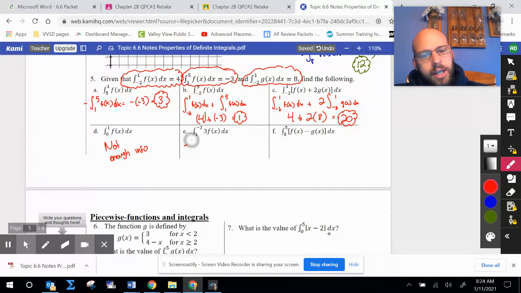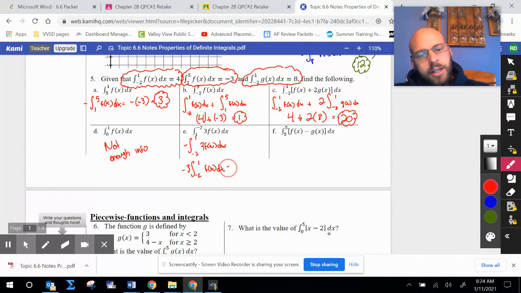So I'm going to say negative times the integral from negative 2 to 1 of 3 f of x dx, which would be a negative 3 times the integral from negative 2 to 1 of f of x dx, which would give me a negative 3 times 4, or in this case, a negative 12 as an answer.